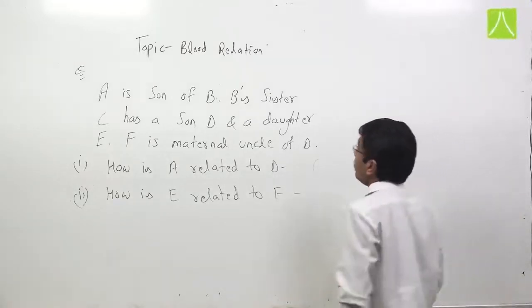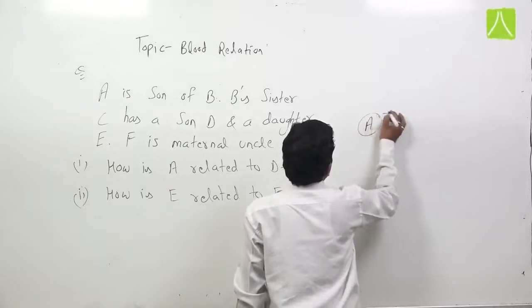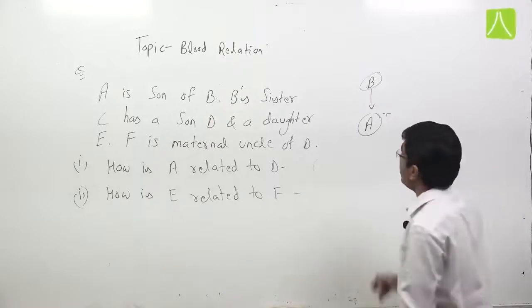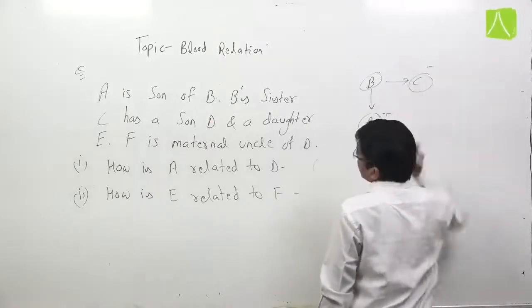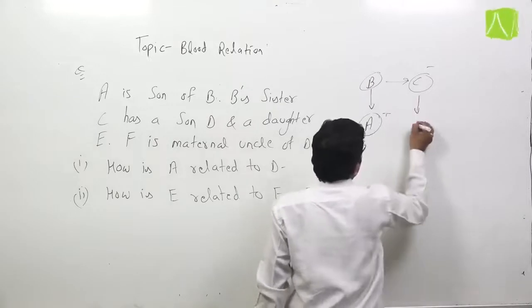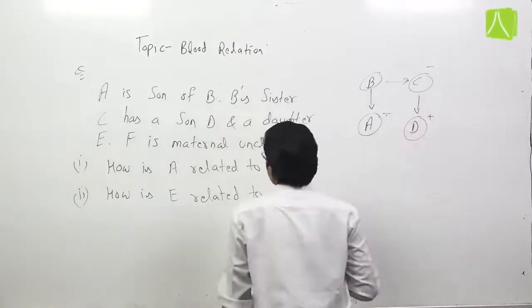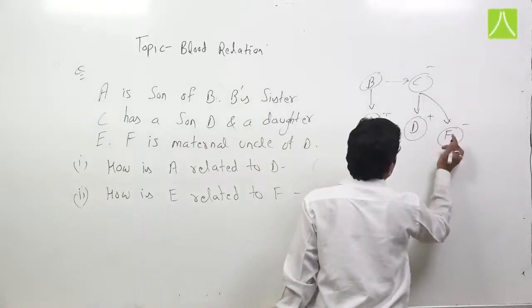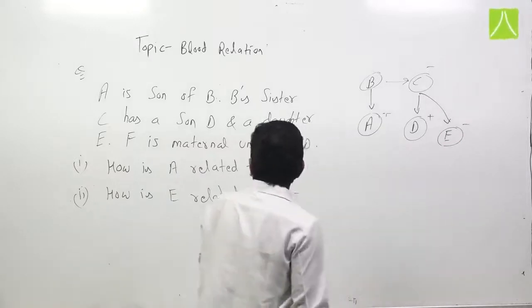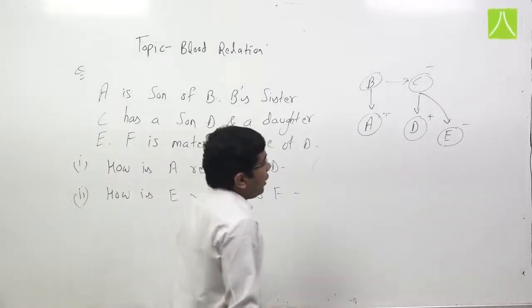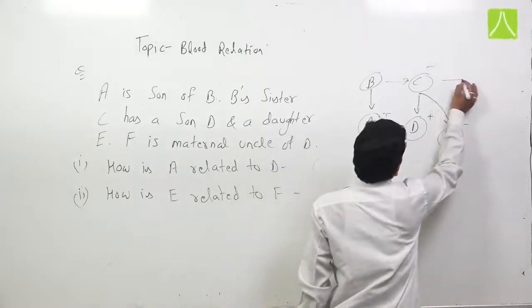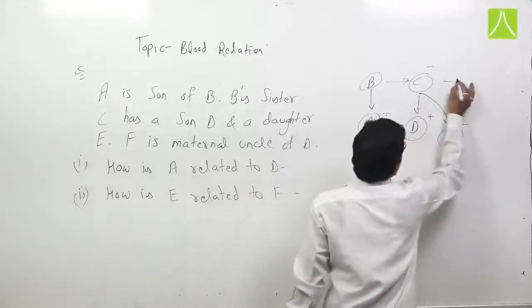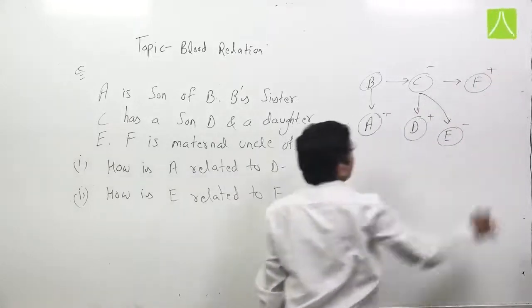A is son of B. B's sister C has a son D and a daughter E. Next information, F is maternal uncle of D, which means F is brother of C.